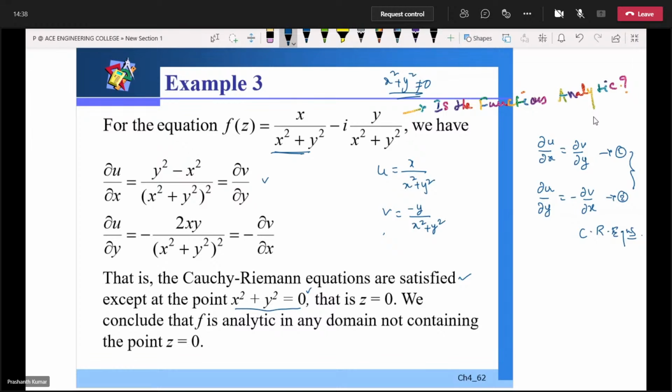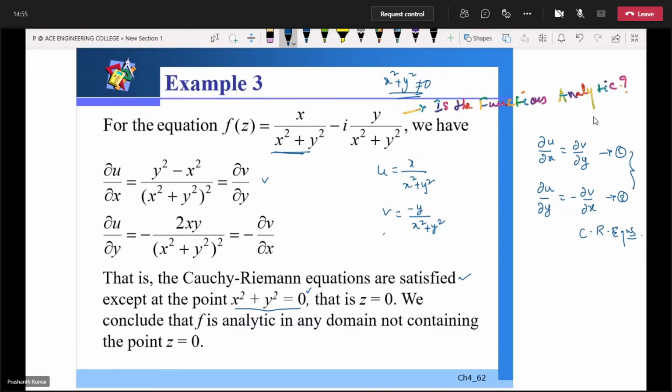So therefore at this point the function is not differentiable, therefore the function is not analytic at this point.